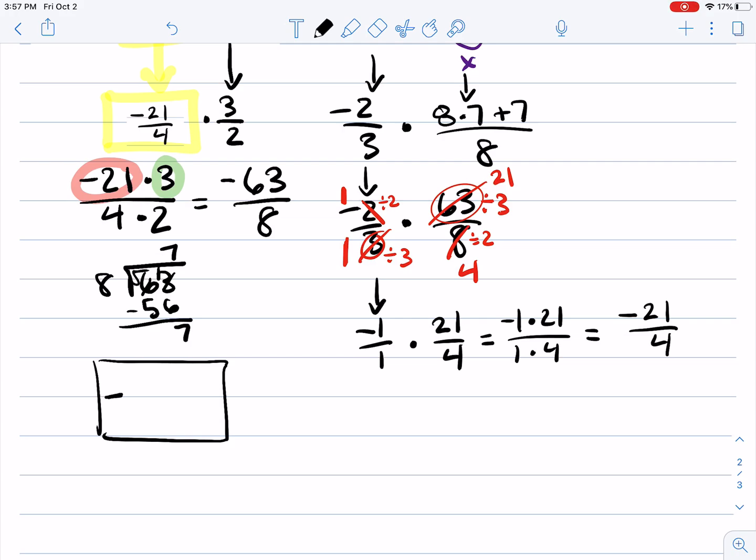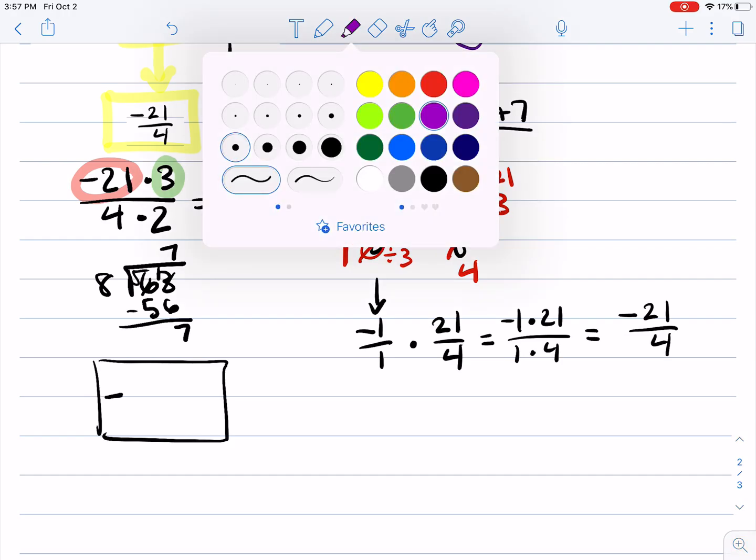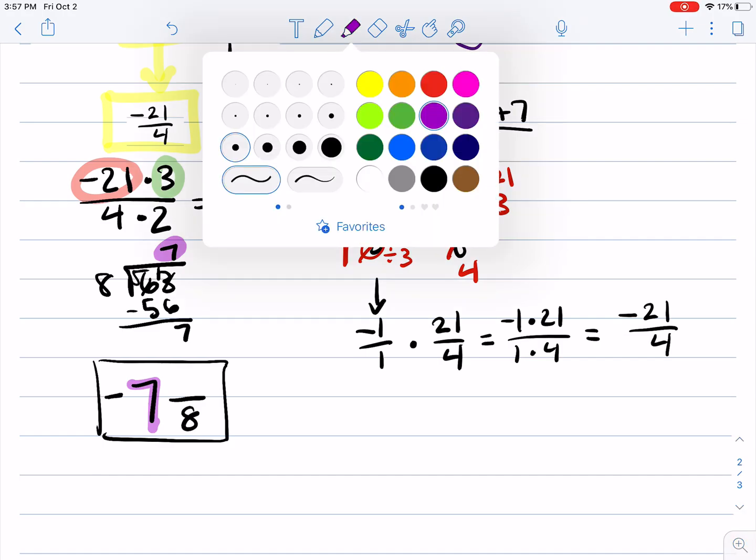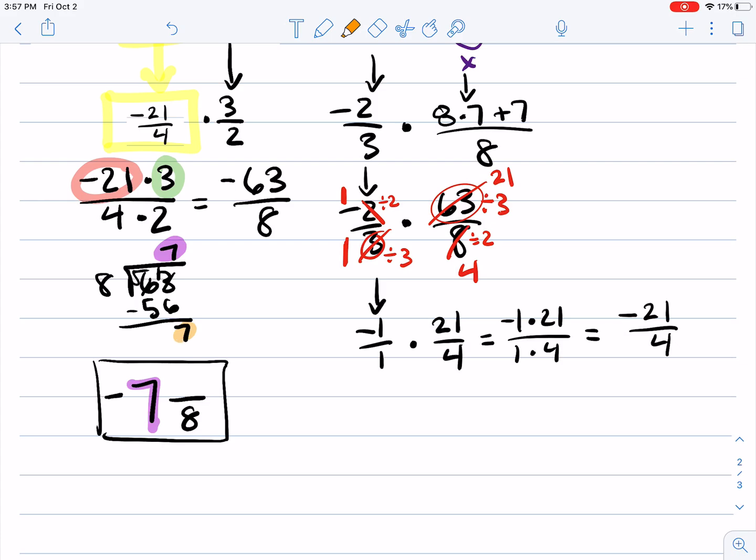So my mixed number is going to be 7 wholes. And then my fraction is going to be over 8. And it's 7/8 because there were 7 left over. And that's my answer.